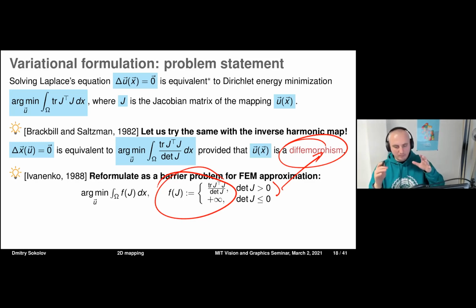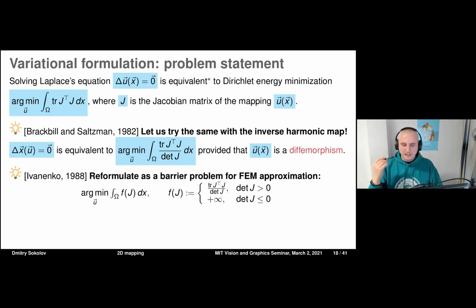Imagine an algorithm for this minimization. If we have a valid initialization, in other words, a map with strictly positive Jacobian, and this is a big if, we can compute the Dirichlet energy, its gradient, and perform, for example, a simple gradient descent.